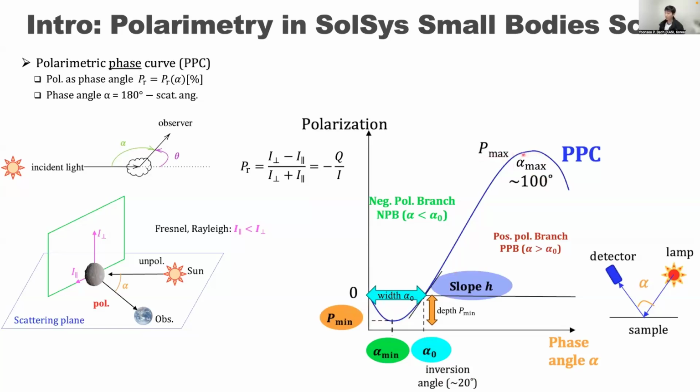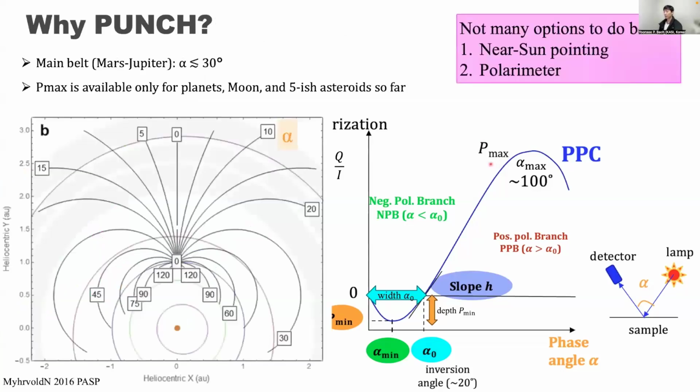The maximum polarization degree is described as P maximum. Although other parameters are very important, they have certain interesting correlations with physical parameters. But in this presentation, because of the time, I will just give you an idea of why this P maximum is interesting and important.